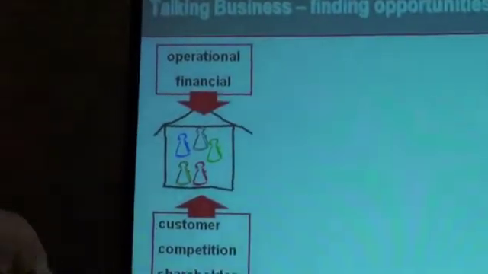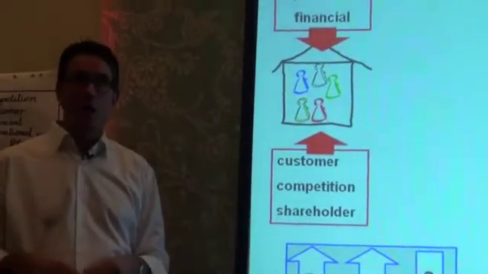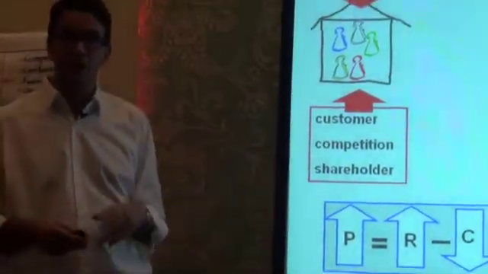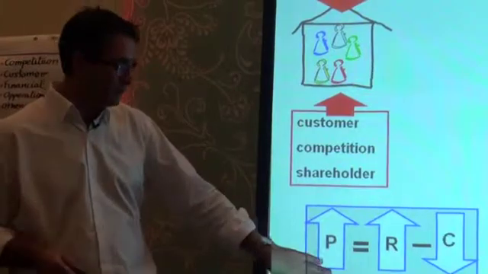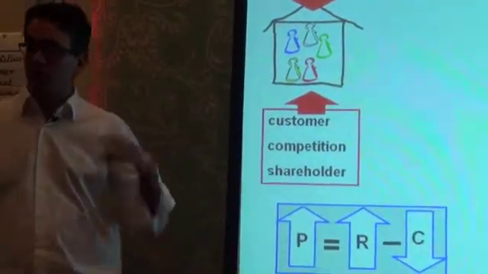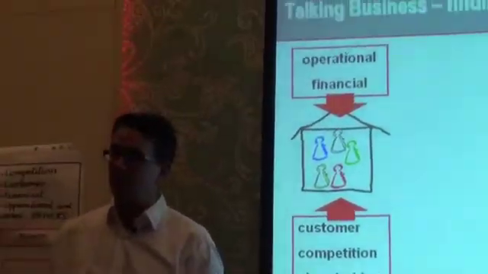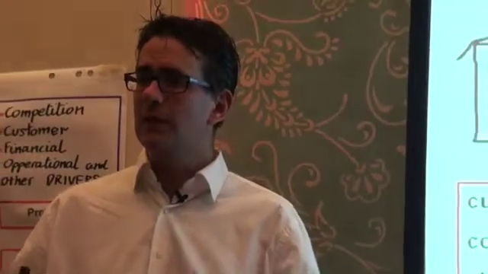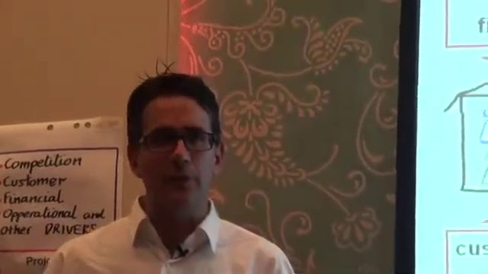Customers are complaining. Customers have got additional demands. That's a pressure for the company as well. You've got competition. Yeah, this is a clear driver for you guys. You have shareholders. Your company has shareholders. So if you own the company, or if you're on the top level of the company, your company has a set of problems and a set of external things that they need to deal with. Yeah?